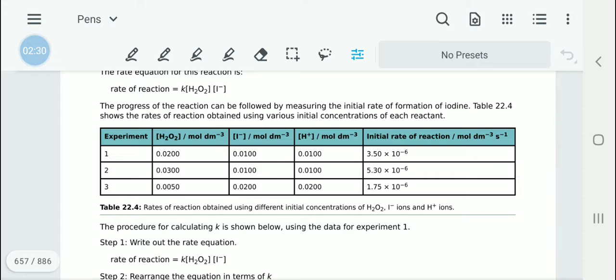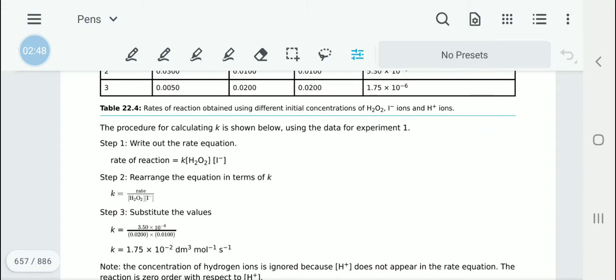So there is a reduction there. That is because the H2O2 concentration has reduced very much, even though the H plus concentration has increased and the iodide concentration also has increased. So let's see how to use these values to figure out what we need to know.